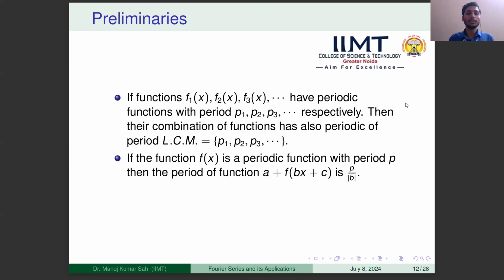And the last property is that if the function f of x is a periodic function with period p, then the expression a plus f of b times x plus c has period p upon modulus of b.